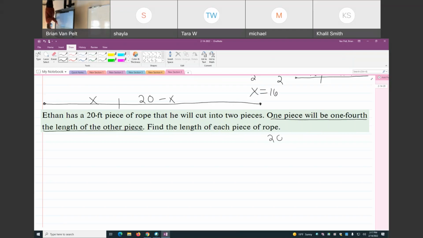Okay, so one piece will be 1/4 of the other piece. You could have actually rewritten it as x equals 1/4 of 20 minus x. This would have been acceptable as well. But if you do it this way, make sure you have parentheses around the 20 minus x.